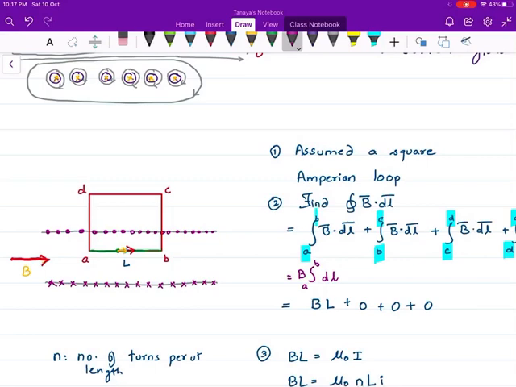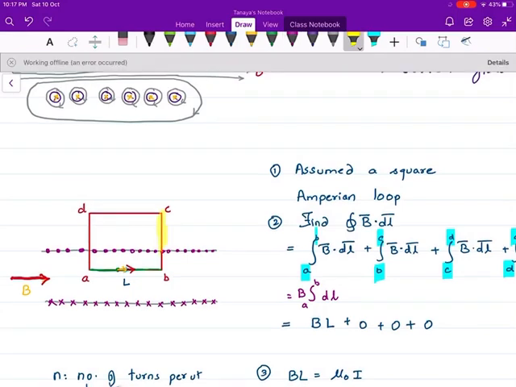Now see the next part, that is from B to C. If you consider this region, what is now the direction of B? The direction of B is this. B is in this direction, and dl is in this direction. This is the direction of dl. So theta is equal to 90 degrees.